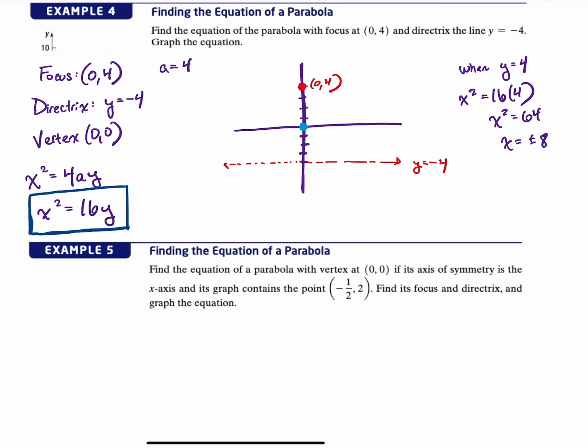So let's count 1, 2, 3, 4, 5, 6, 7, 8. So that means I should have a point at 8, comma 4, and negative 8, 4. So something like this.